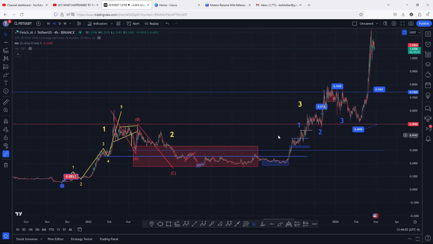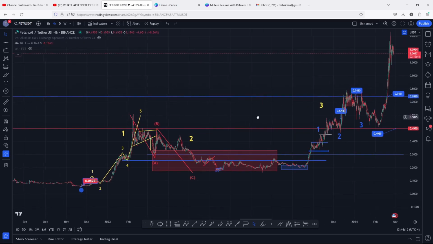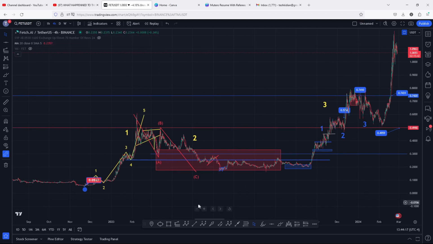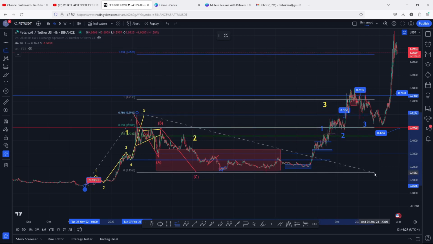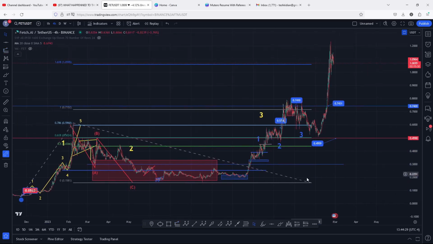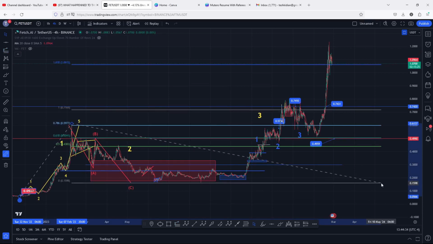Then we started to see a reaction off the target area in a move that gave us an aggressive pump in the formation of this larger Elliott wave count 3. In my past videos, I shared with you the minimum target areas for the third wave by connecting the trend-based Fibonacci from the low of the first wave to the high of that wave 1, then dragging the fibs to the low of the second wave, giving me a minimum target area for the third wave above the fib level 1.618, and that is above the 1.0612.